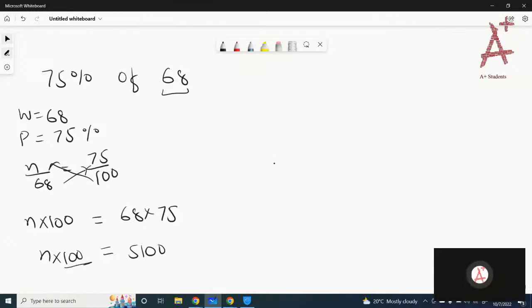Now you have to remove that 100, and 100 is multiplying n. So the opposite of multiplication is division. That means you have to divide both sides by 100. So 100 and 100 cancel out each other and the zeros cancel. So we are left with n equals 51. That means 75% of 68 is 51. Got it?